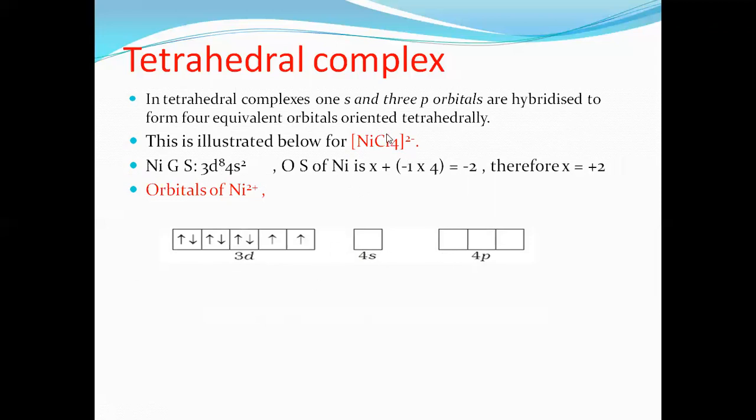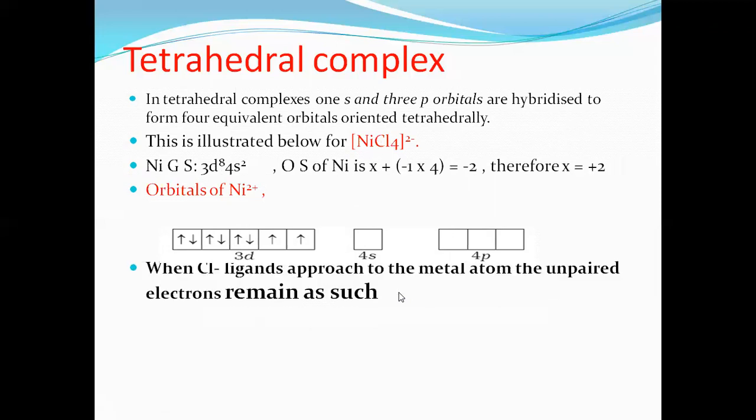And we know that chloride ligands are approaching. Once again, these chloride ligands have no capacity to pair up the unpaired electrons present in the last orbitals. Therefore, these unpaired electrons remain as such.